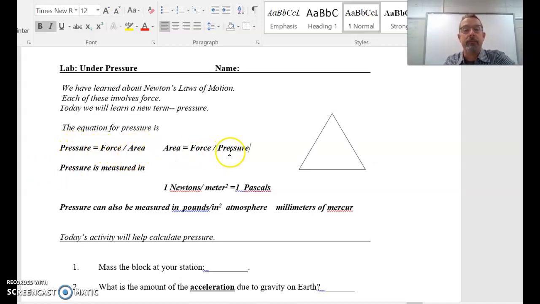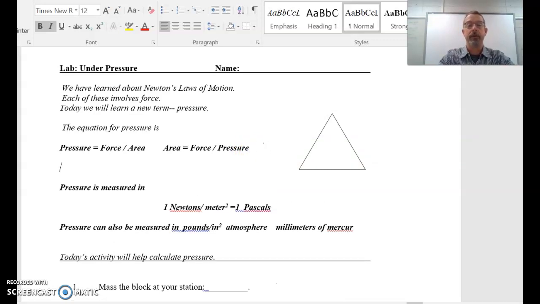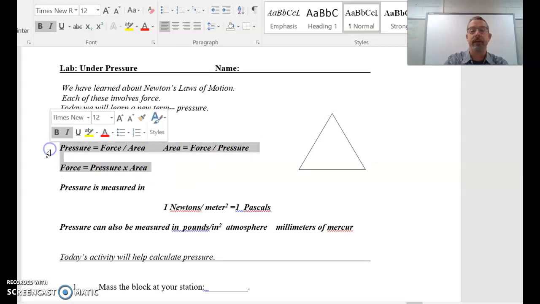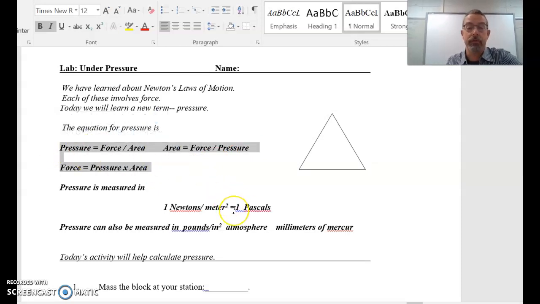And if I want force, force is going to equal pressure times area. They're all saying the same thing, just rearranged depending upon what you're looking for.